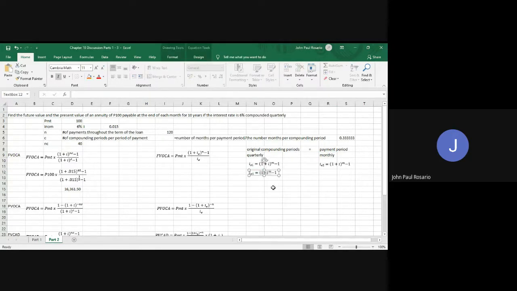So our I here is 0.015, and our M here, since the interest compounding period is quarterly, is 4. So minus 1, we get 1 plus 0.015 raised to 4, and then we deduct 1.